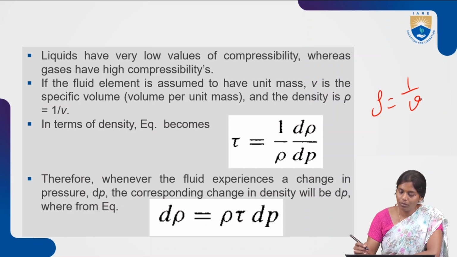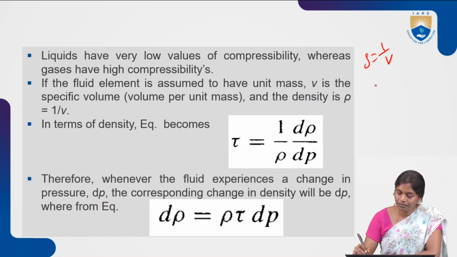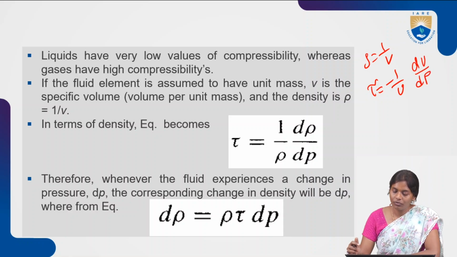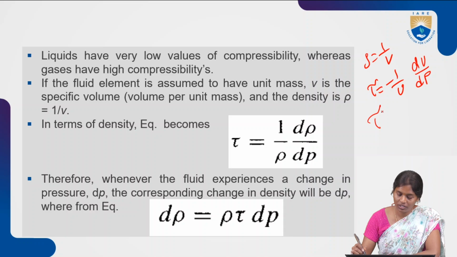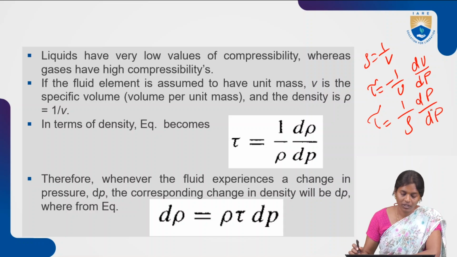So now what is the formula which we know? Density equal to 1 by V. We know tau equal to minus 1 by V into dV by dp. So from this, tau is nothing but 1 by rho d rho by dp.